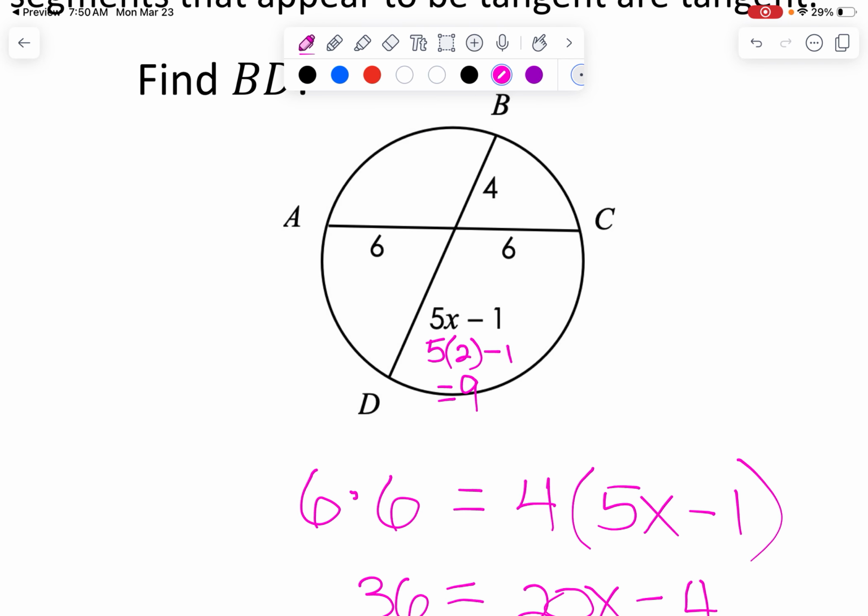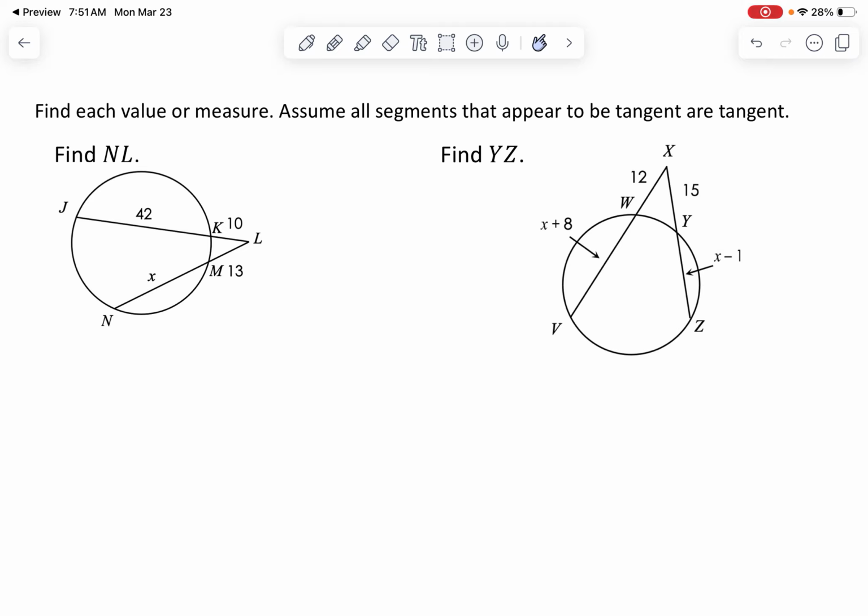All right. In both of these pictures, we have two secants intersecting outside the circle. So remember, we do the outside times the whole thing is equal to outside times the whole thing. Let's give that a try, and then we need to find different segments.